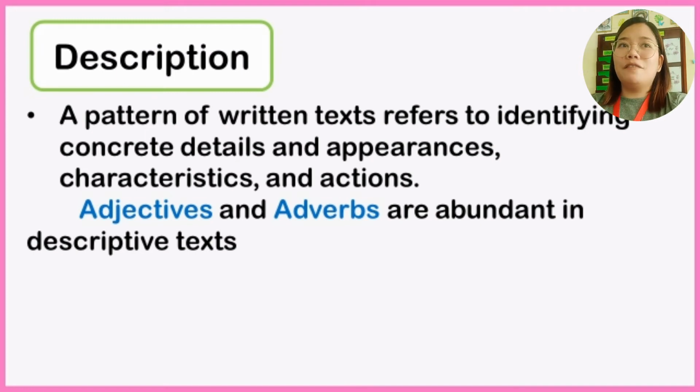So for the adverbs, that are the words that modifies a verb, an adjective, or another adverb. So it's like for the verb, for example, run. So yung adverb niya could be like fast. Alright? So, dinidescribe niya yung verb that is mabilis tumakbo. So, that is for description. Adjectives and adverbs are abundant in descriptive texts.